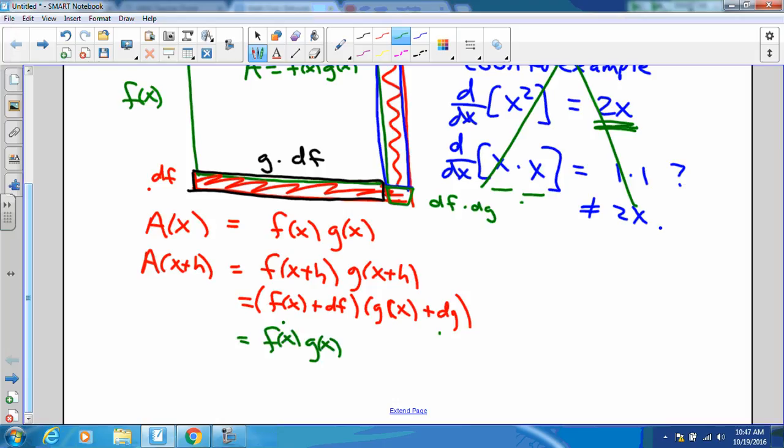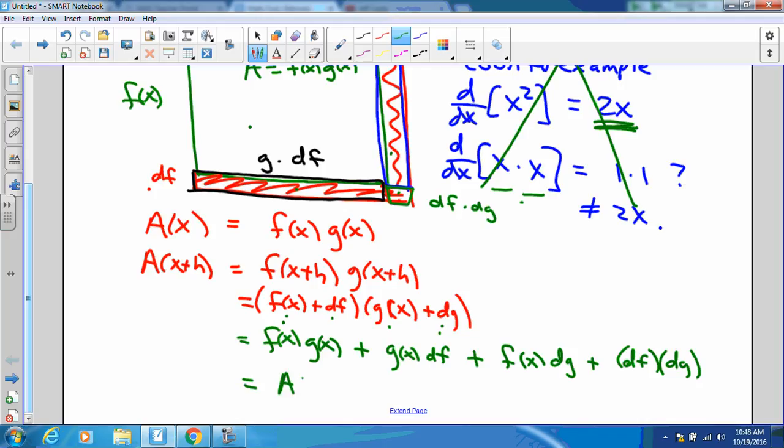I could actually get the same thing algebraically by simply multiplying out my expression right here. If I multiply this out, what I get is f g for the first term, plus df times g, or g df, for the next term, plus f dg, plus df dg. And if you look at each of the four terms right here, you can see that each one of them is represented by a different rectangle up in the original diagram.